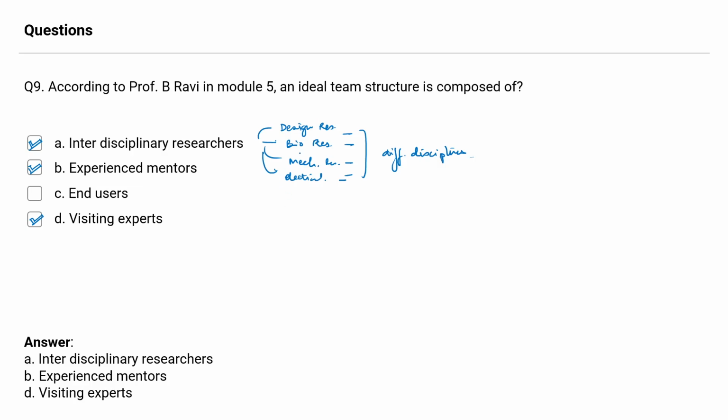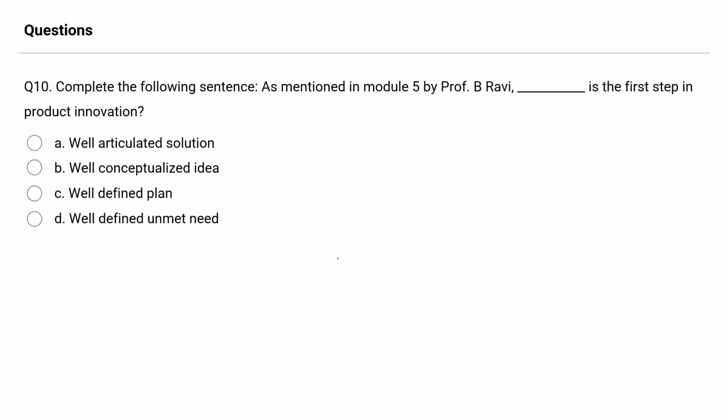right? Now let's go to our final question, which is our question number 10, the last question for today's session. Complete the following sentence as mentioned in the module 5 by Professor P. Ravi. Dash is the first step in the product innovation. We are talking about the first step. Yeah?